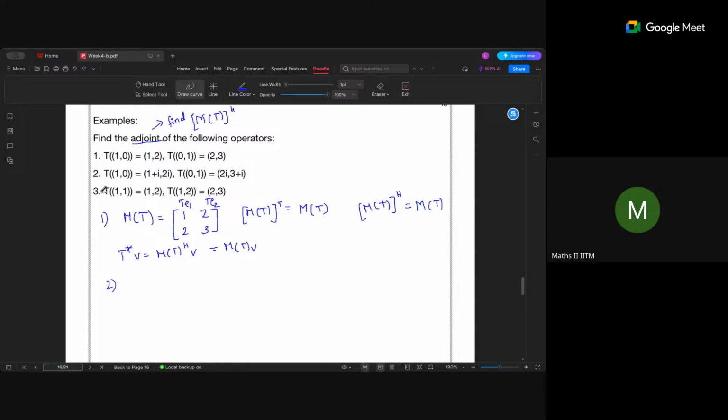2 is very straightforward. 3 will take a little bit of time. I'll give you some hints to complete 3. You need to solve some systems of linear equations. First of all, you need to express (1,1) and (1,2) in terms of e1 and e2. Or the other way around, I'm telling it the wrong way.